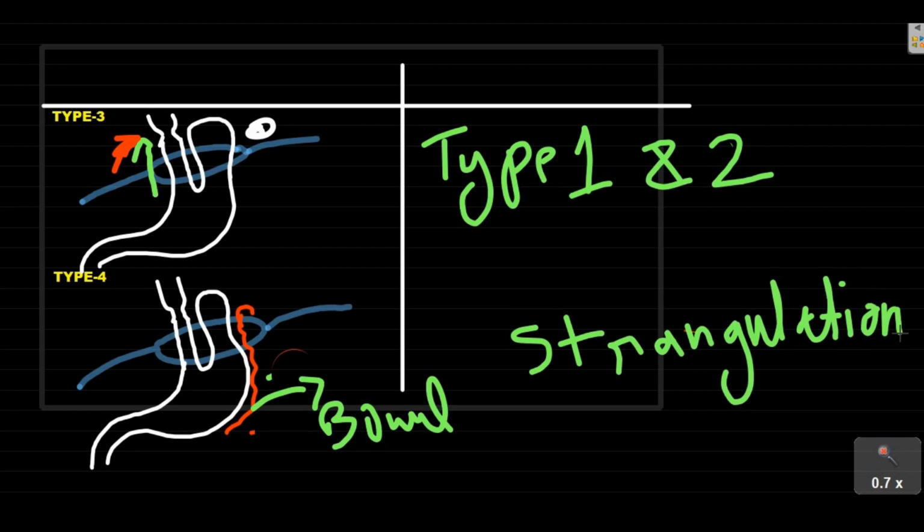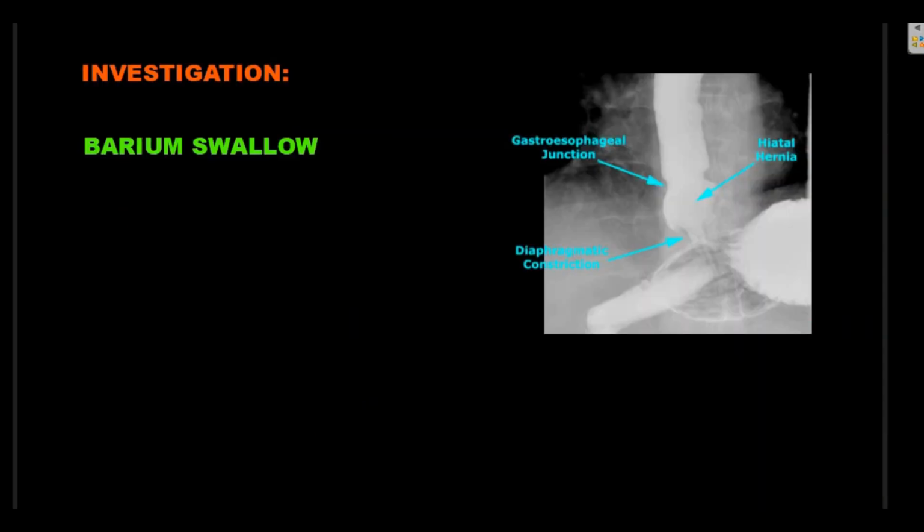That's it for classification. Now we'll be talking about investigation. The investigation of choice is a barium swallow. Since this is the first time I'm mentioning it, I'll talk a bit about it. A barium swallow is nothing but a specialized type of X-ray which helps us to take a closer look at whatever's behind the mouth and the throat.